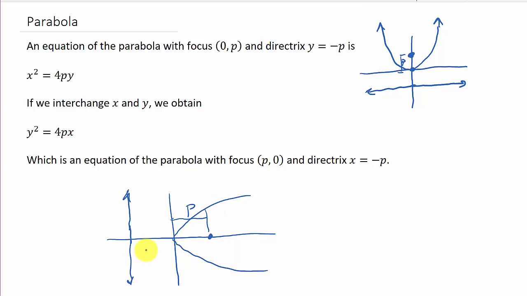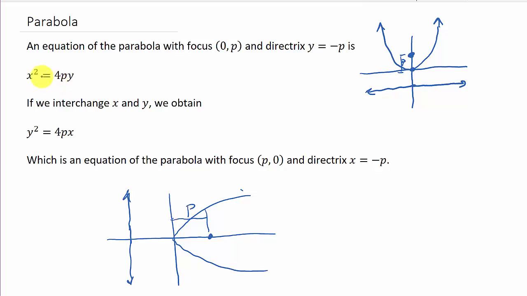The best thing to do is just sketch out the information you're given, and it makes it a lot easier to work. And plus, not all parabolas are going to have the vertex at 0, 0. Sometimes it may not.